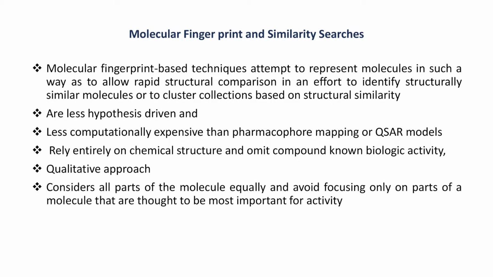They rely entirely on the chemical structure and omit the biological activity of the compound, making this approach more qualitative. Additionally, fingerprint-based methods consider all parts of the molecule equally and avoid focusing on only part of a molecule that is thought to be most important for its biological activity.